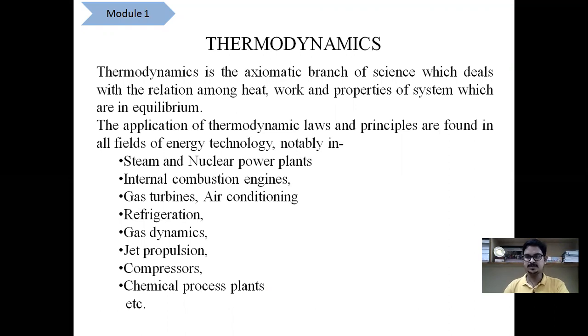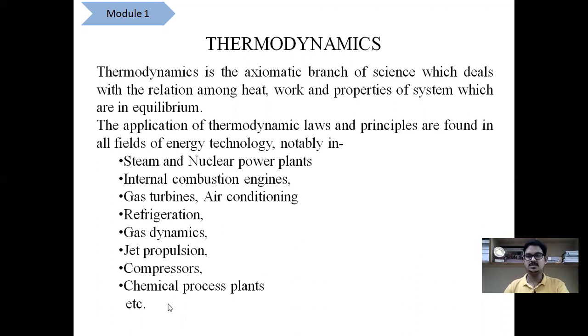So the applications of thermodynamics can be seen in the broad field of steam and nuclear power plants, which are used to generate electricity, then internal combustion engines, gas turbines, then in refrigeration and air conditioning, then in gas dynamics, jet propulsion, compressors, in many mechanical devices, then chemical process plants.